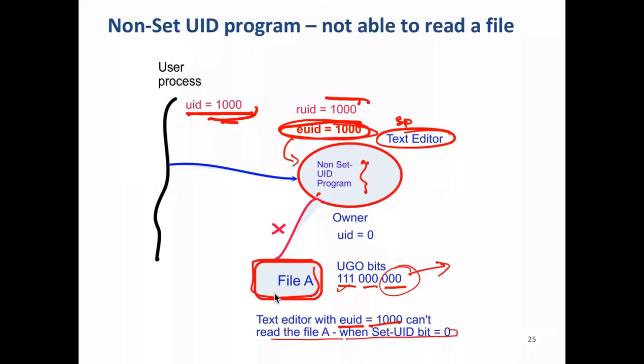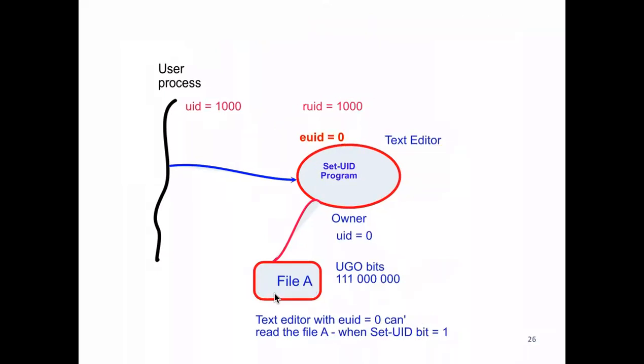Now what can I do? Now this special text editor is a set UID program. When we say set UID program, the program is nothing but a file. When it executes, it becomes a process, right? So a program here is nothing but a process in some sense.